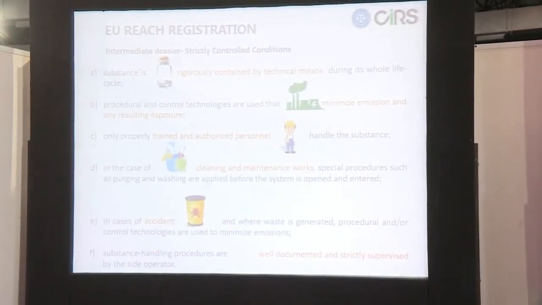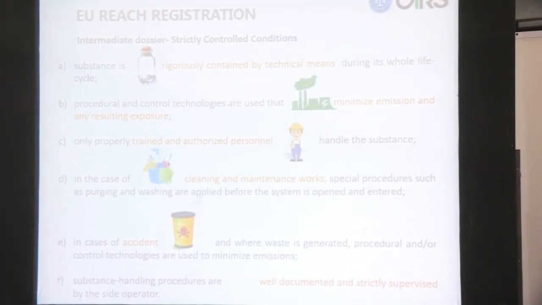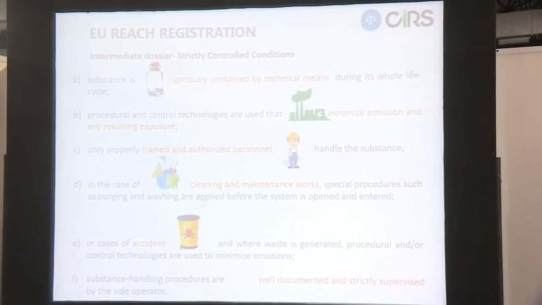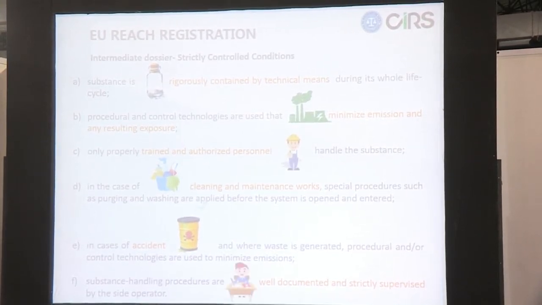And in case of an accident where waste is generated, procedures or control technologies are used to minimize emissions. And substance handling procedures are well documented and strictly supervised by the site operator. So these 6 criteria, if you fulfill all 6, you can ask your EU importer to sign a self-statement of strictly controlled conditions.